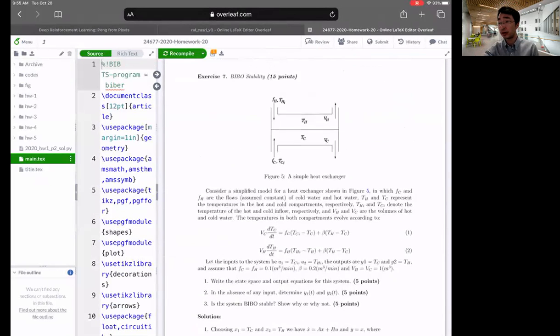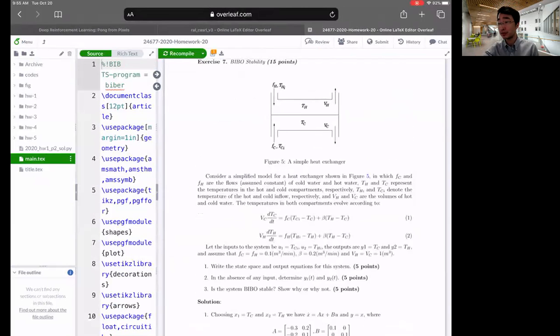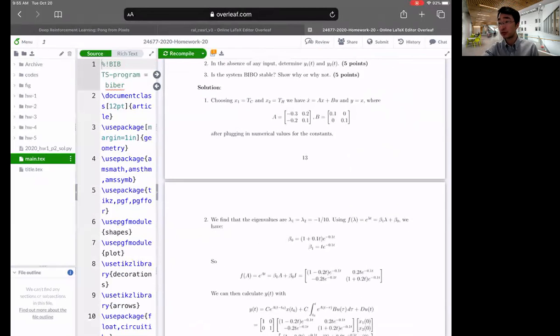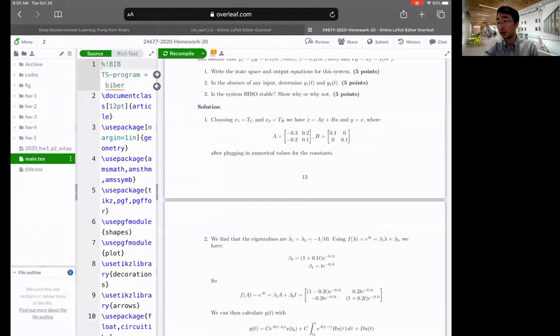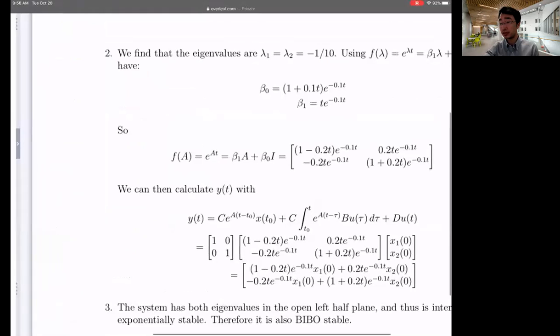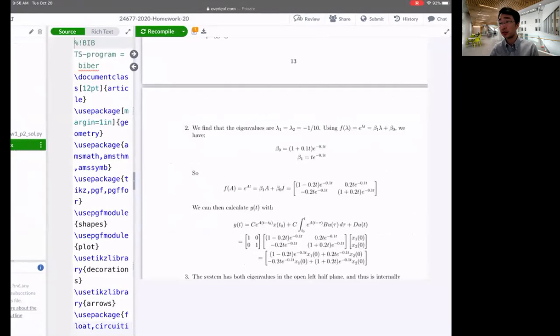In homework 5, exercise 7, the first solution is correct. The second one is a defective matrix. You have two eigenvalues, -0, -0, and it's a defective matrix. So when you compute e^(At), you need to use the Cayley-Hamilton method.